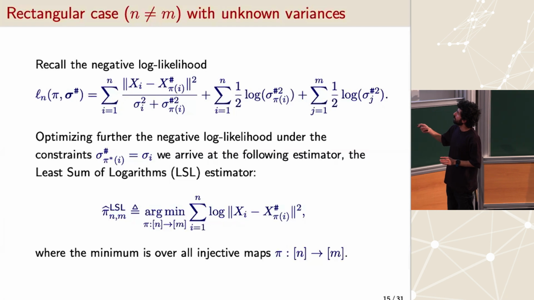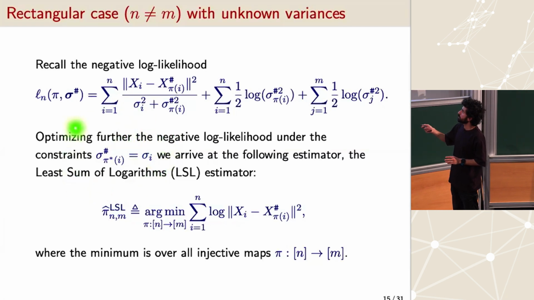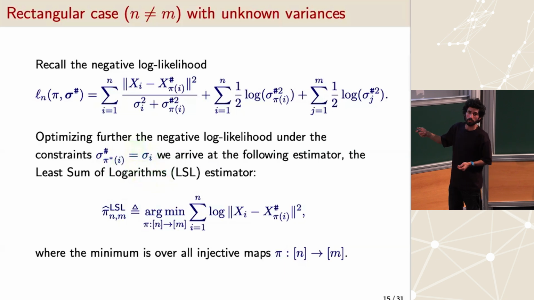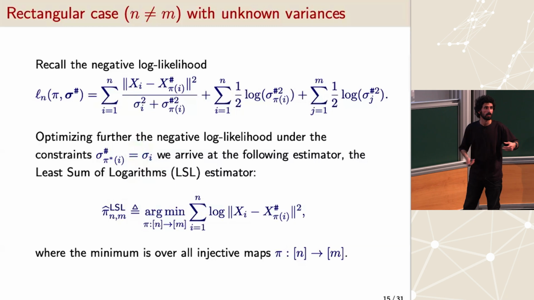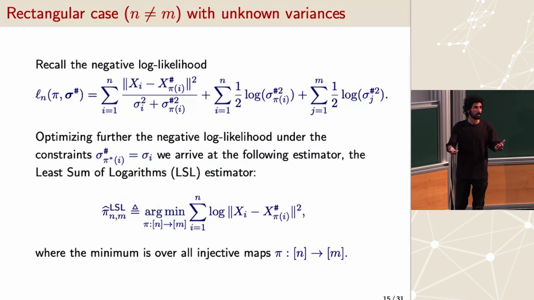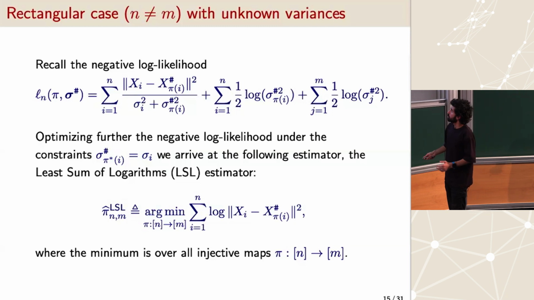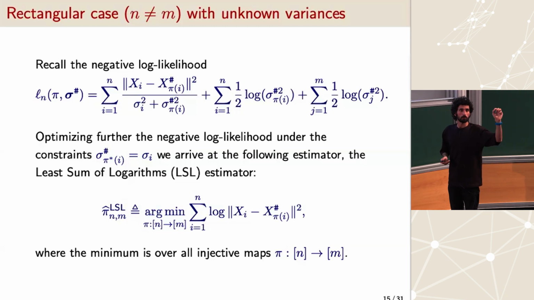One should be careful here because we assume that one set doesn't contain any outliers. So here I assume that i goes from 1 to n, and pi star i is a mapping to the set 1 to m. But the idea is clear: we assume that each point has its counterpart in one set, and for those the variances should be equal.